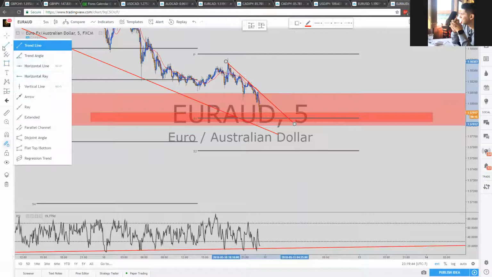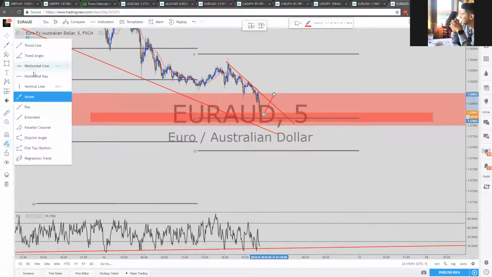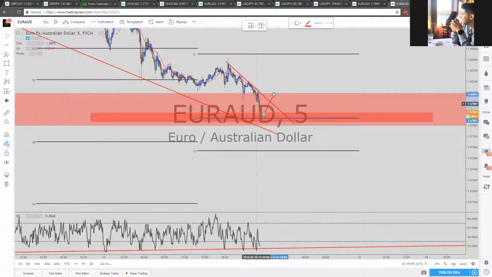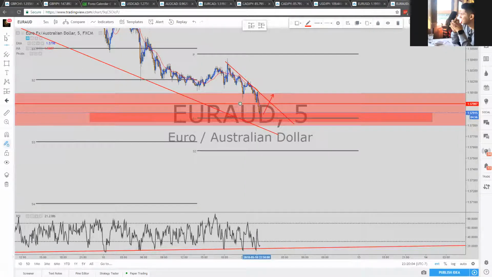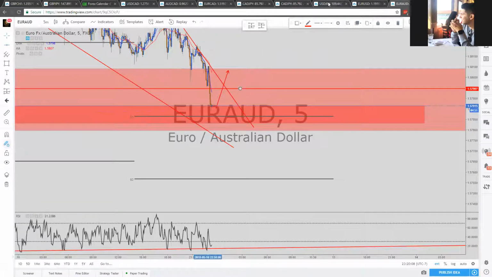The better area to place the buy is once it breaks above this area, and it's reacting off of this zone, and we can see the 0-0 levels right here. So right now it's below the 0-0, 1.58000. If we see that it breaks above, definitely catch this one for a buy reversal on Euro AUD.